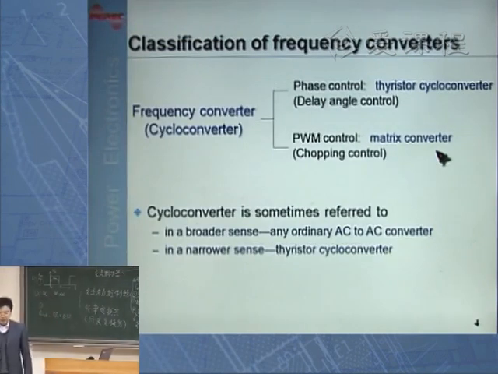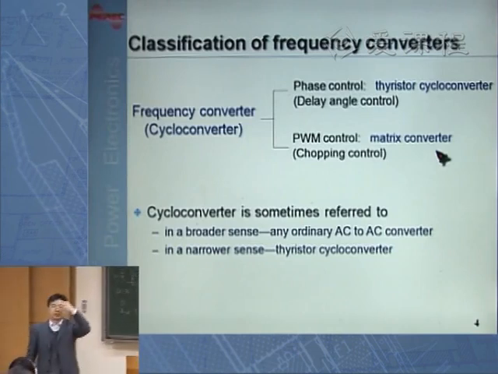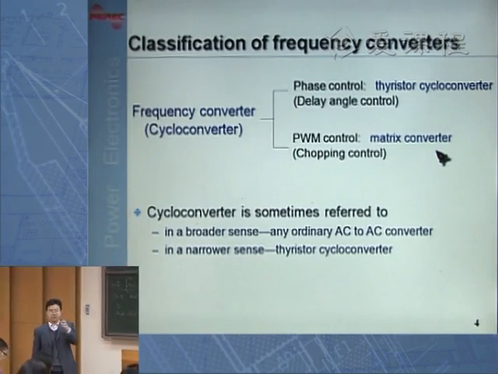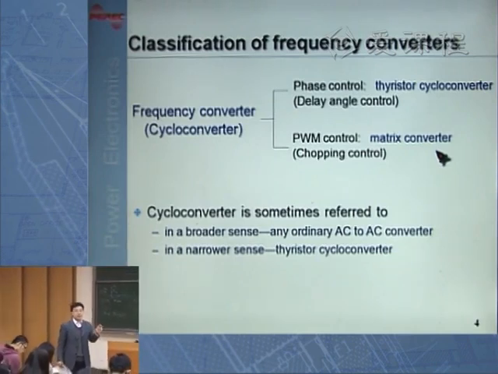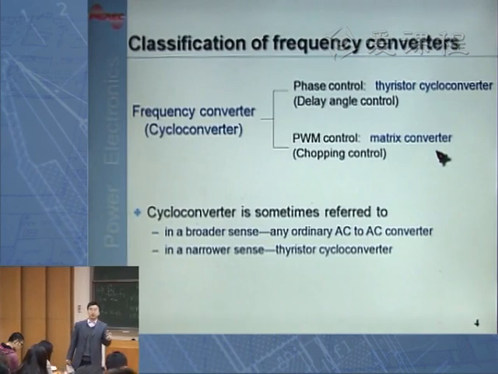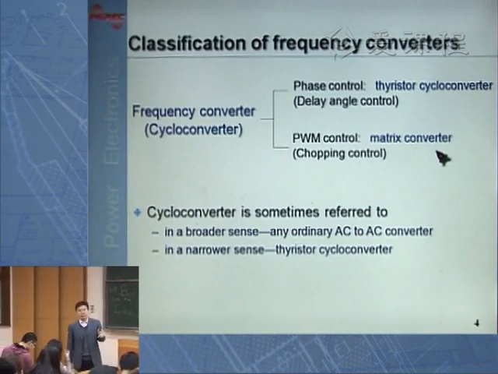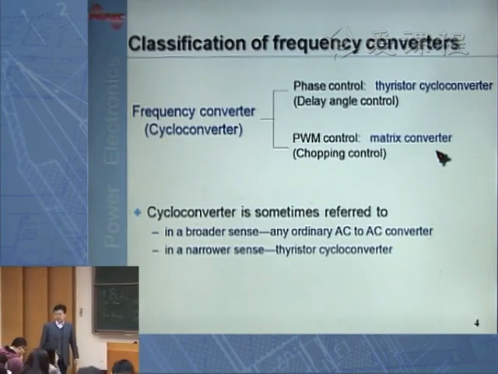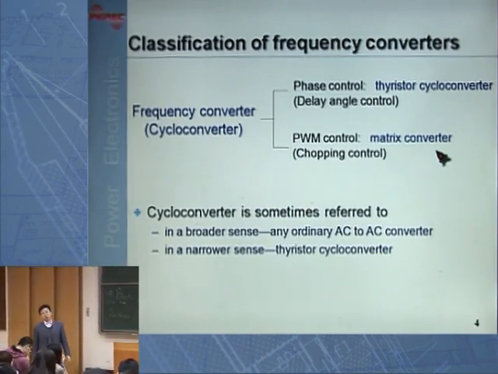For frequency converter, that means for the AC to AC converters that have different output frequency than the input, we also can do a further classification based on control methods.